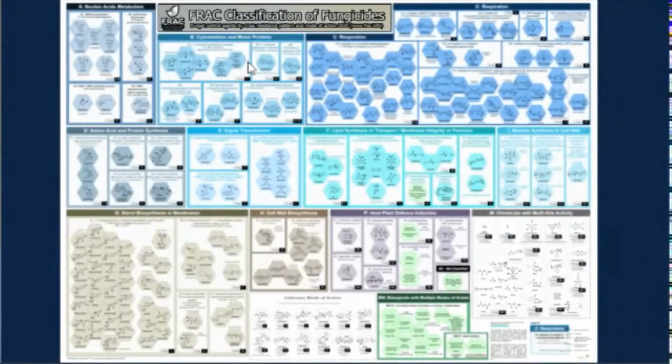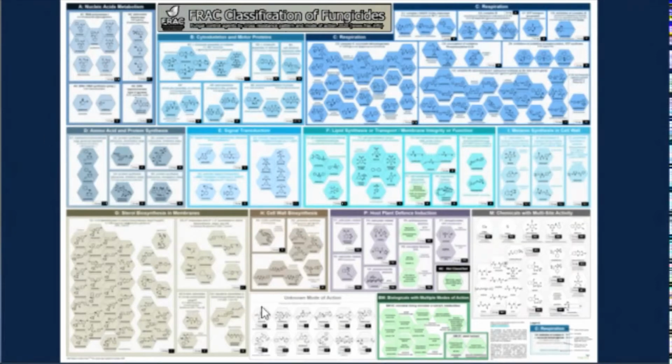So this here, it's not a table, I guess it's a graphic of all of the different fungicides that are out there. And this, of course, is from FRAC, which is the Fungicide Resistance Action Committee.